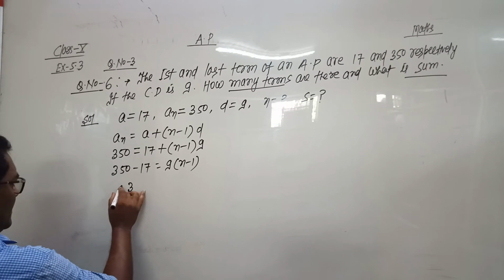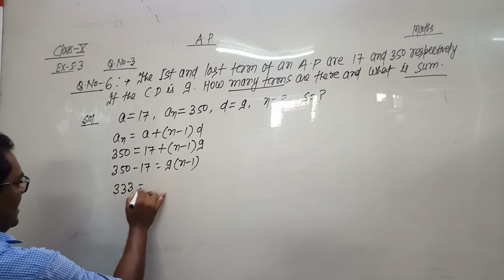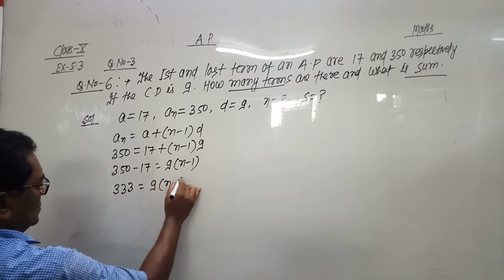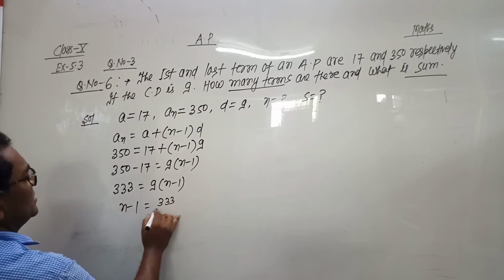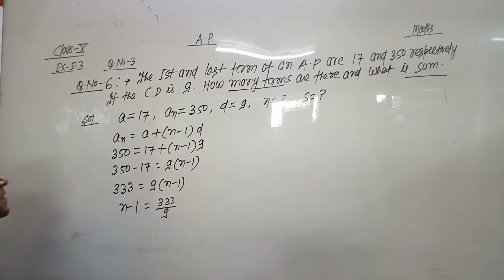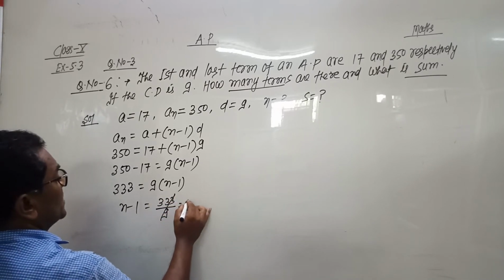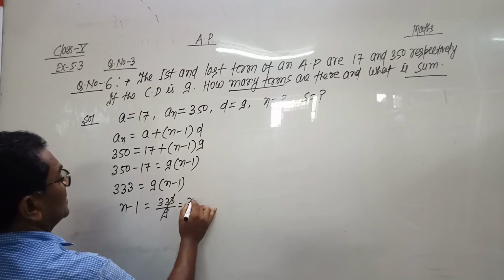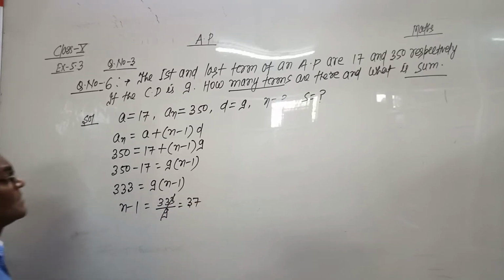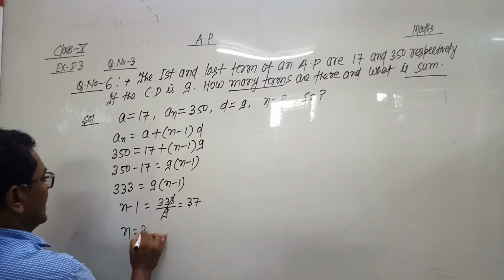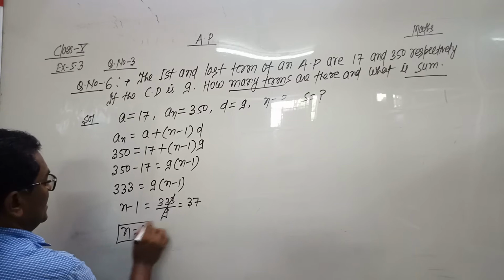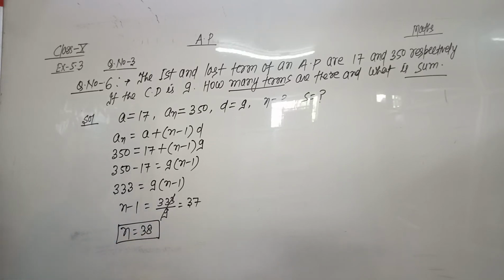This comes to be 333 equals 9 into (n minus 1), and n minus 1 equals 333 upon 9. It goes by 37. n minus 1 equals 37, and n equals 37 plus 1, so n equals 38.